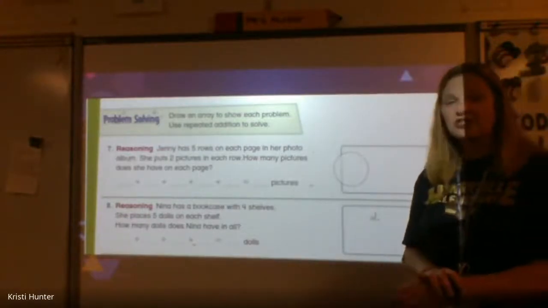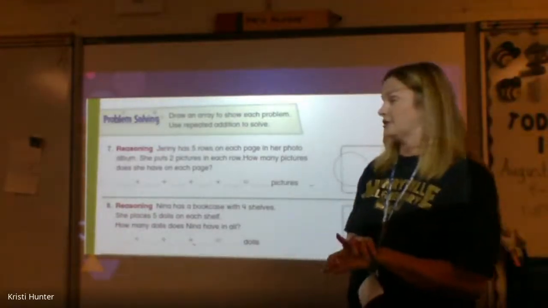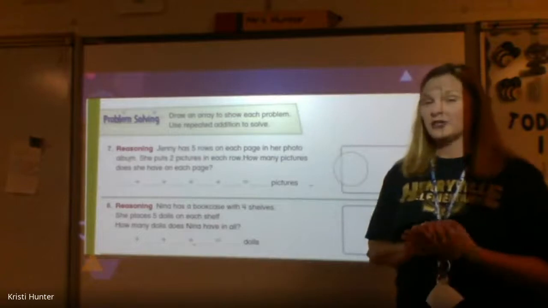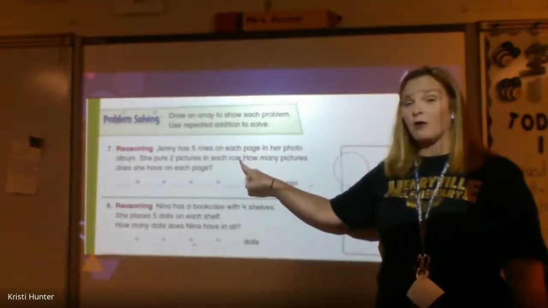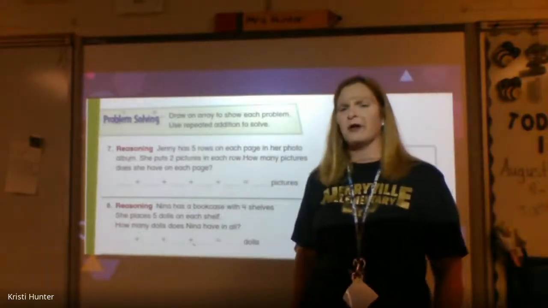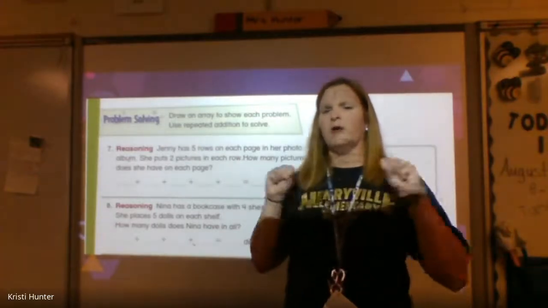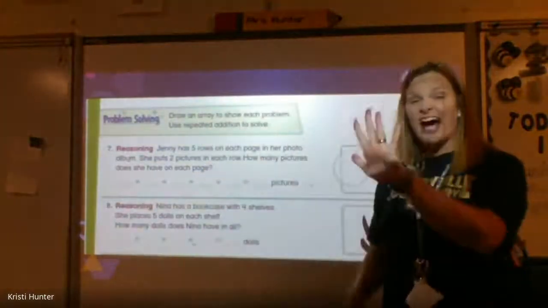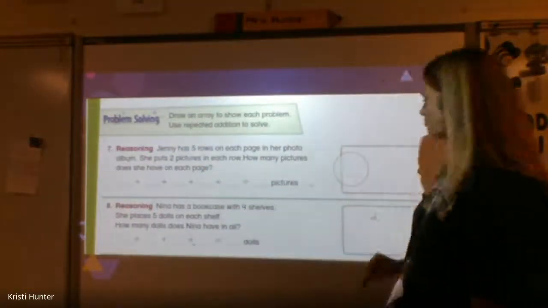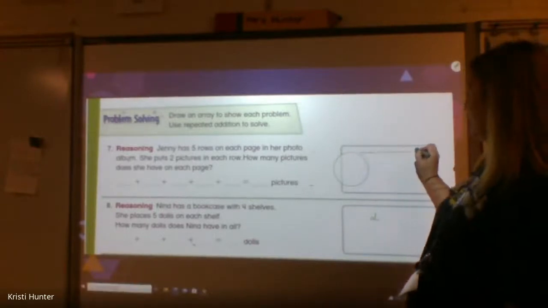How many pictures does she have on each page? All right, so let's take a look and think about it. Jenny has 5 rows. Show me with your arms which way a row goes again. A row goes this way. Right. And it says I need 5 of them. So can you draw your 5 rows?